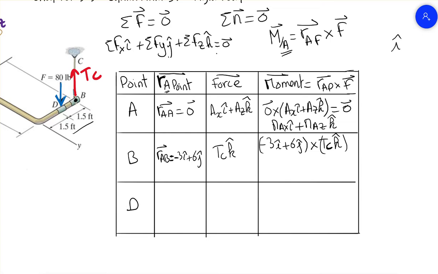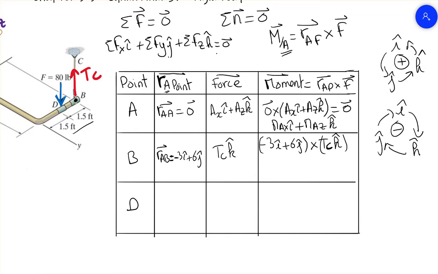So remember, i, j, k, plus, and if we do i, k, j, i, minus.